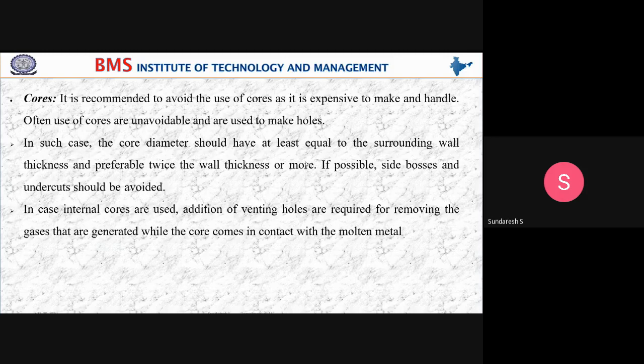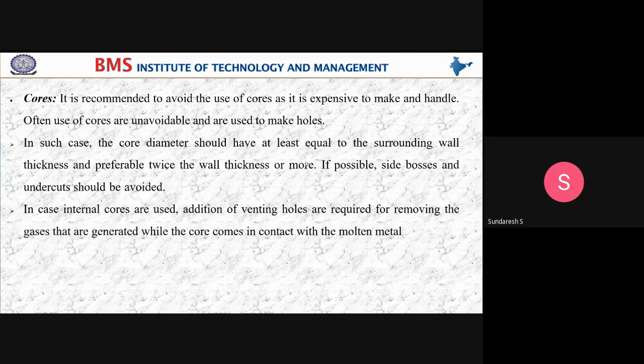So whenever you are using a core for a hole, the core diameter should be at least equal to the surrounding wall thickness, and preferably twice the wall thickness or more.